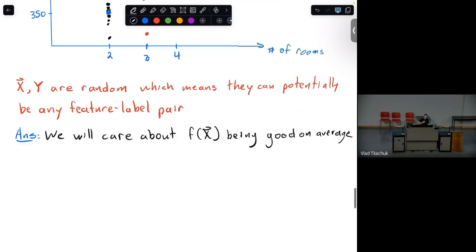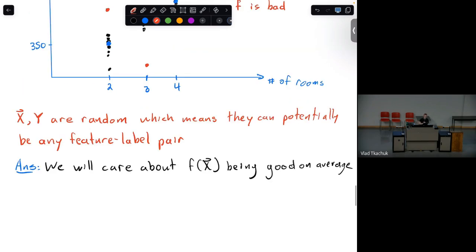Okay. And then there's one other thing that we should think about. We said that these blue points are somehow good because intuitively they're close to the data points we're seeing.